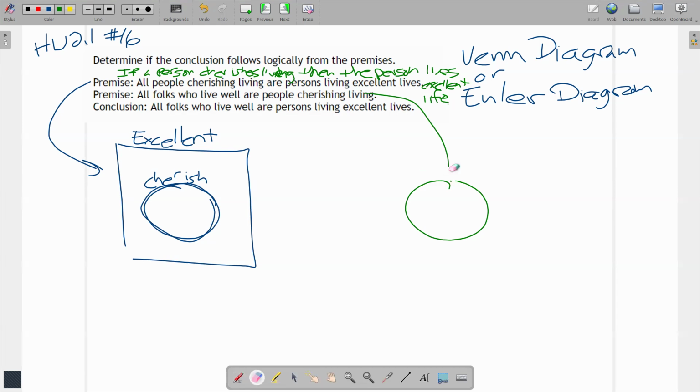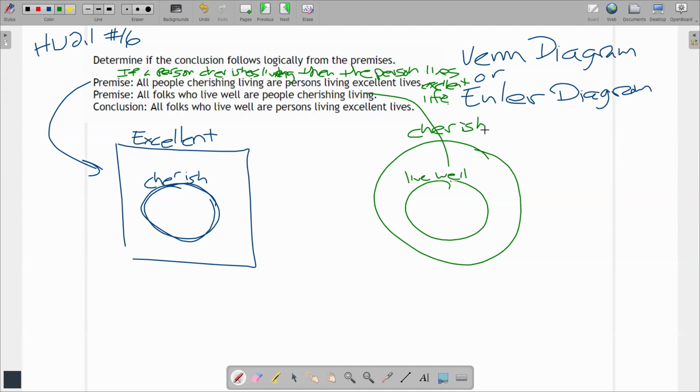Small on this whiteboard. Again. Well, there we go. So all of them are people who cherish living. So then the cherished living would have to go outside of that. Similar idea to the first one, but different groups.